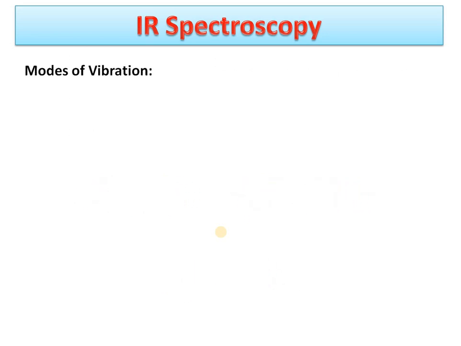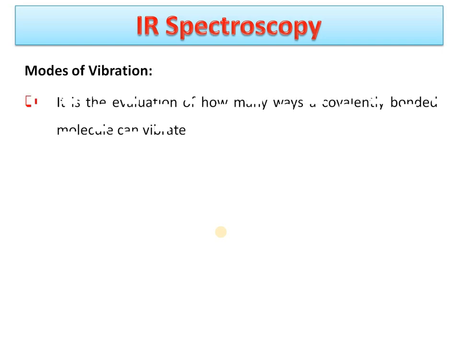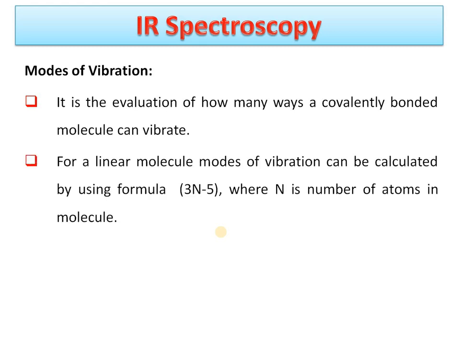Now we will discuss about modes of vibration, how to calculate the number of modes of vibration for a molecule. Now modes of vibration is the evaluation of how many ways a covalent bonded molecule can vibrate.